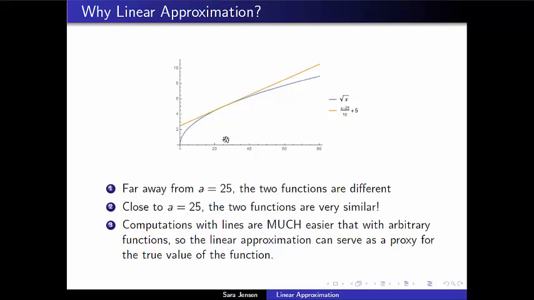And if we only need a couple of digits of accuracy, we will have gotten those digits of accuracy at a much smaller computational cost. And so this is the real focus of linear approximation, is to replace very complicated functions with very simple functions in order to get a good approximation for that more complicated value.